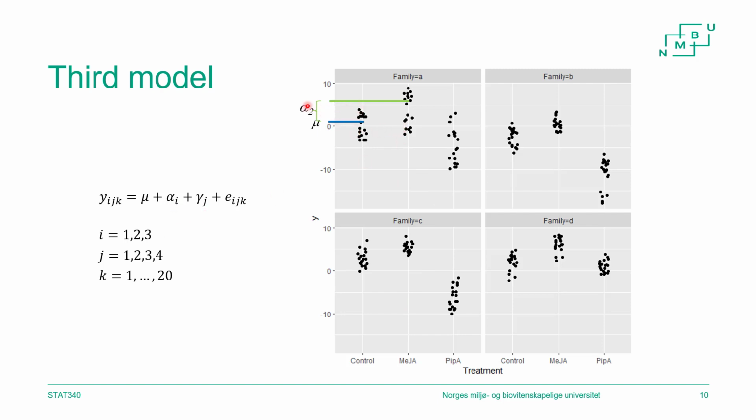So the size of alpha 2 now is the average of how much it changes when you go from here to here, and from here to here, and from here to here, and from here to here. The average of these four, that's the alpha 2 now. And notice this is exactly the same as it was in the previous slide.